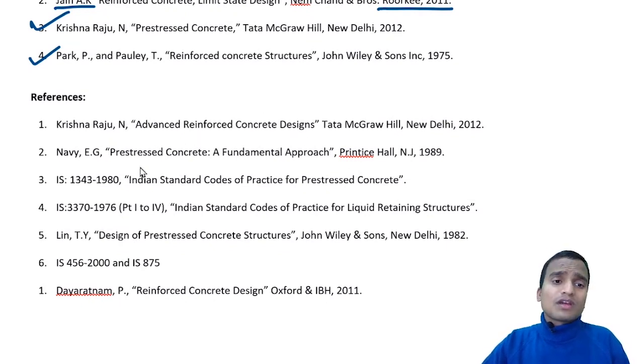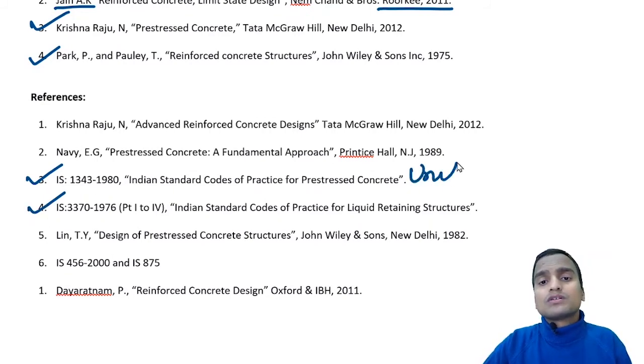And for reference you can refer to different IS codes, specifically this one, the Indian Standard Code of Practice for Pre-Stressed Concrete, and IS 3370 for liquid retaining structures, so this will be helpful in unit 3.